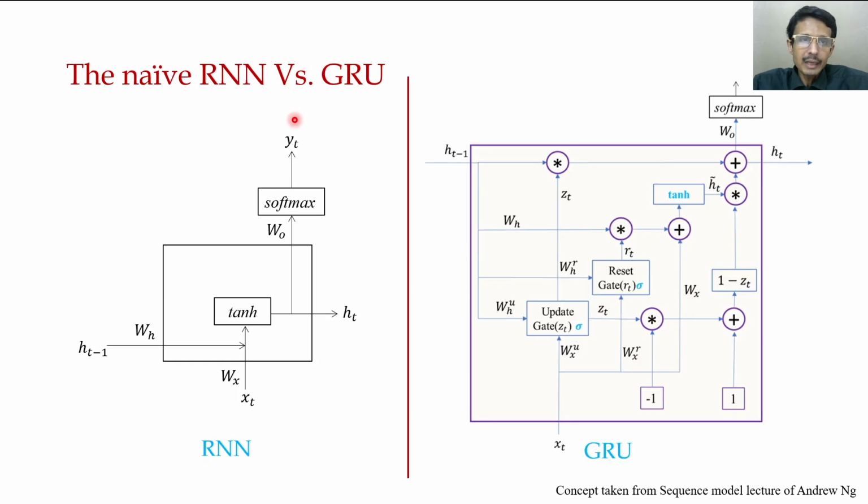Now, if we compare with a simple RNN, you can see here this is the simple RNN that we have seen before. It is a very simple kind of thing. And here we introduce two gates, and we are going to understand how these two gates manage the information flow in this unit.